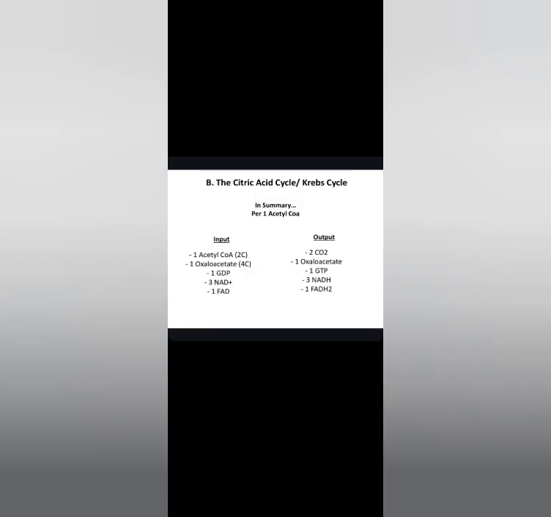Anyone lost or confused? You need to be able to do this the day of the exam with any of the intermediaries I've told you during this. The main intermediaries, not the middle of the road, but during glycolysis, during pyruvate oxidation, what comes in, what comes out. You need to know what are the energy products for each of these main steps.